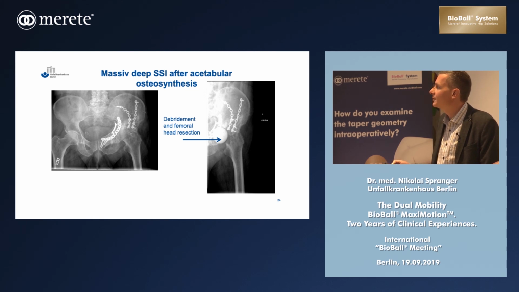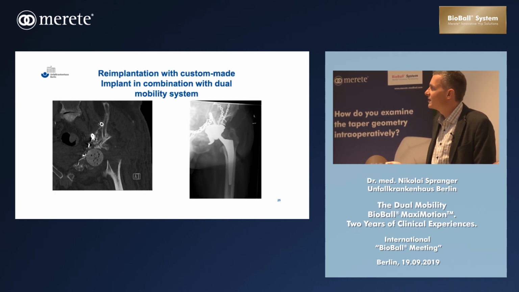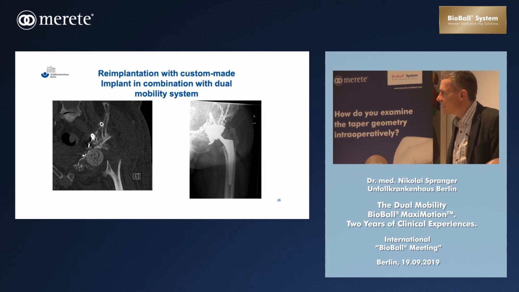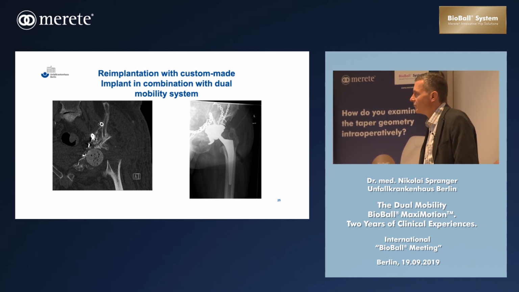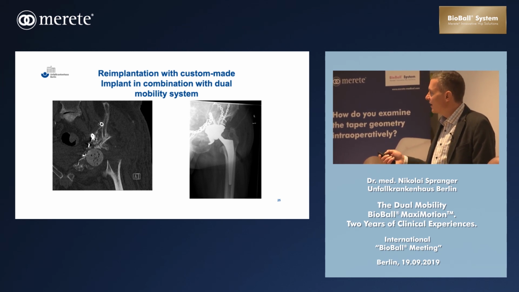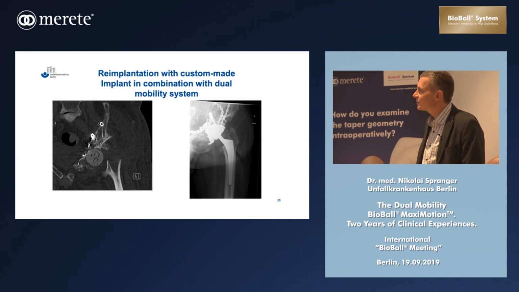antibiotic therapy. And then we did a CT scan, and from another company we got a customized cup, and we planned the screws to get beneath the plates that are in there.